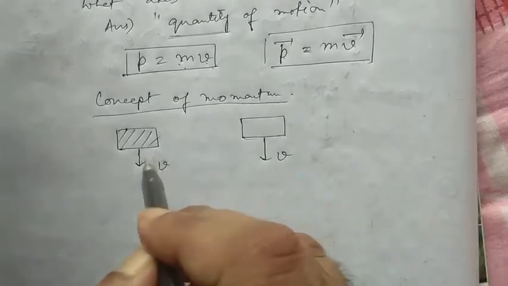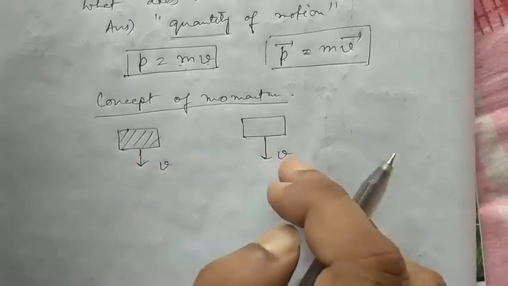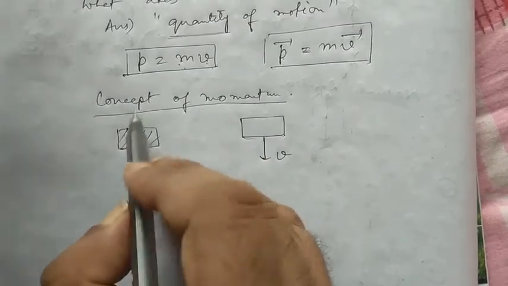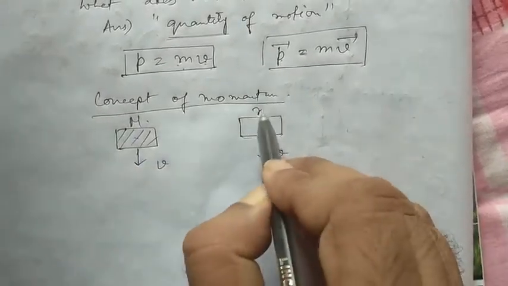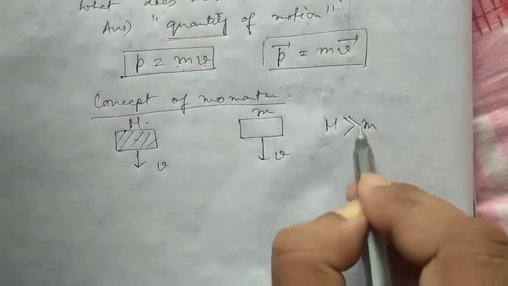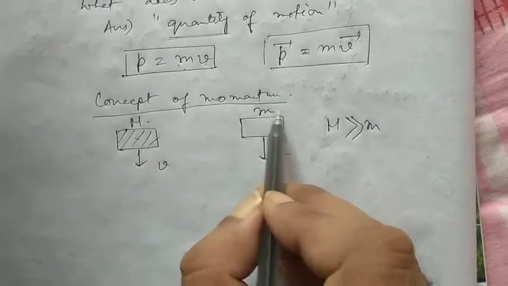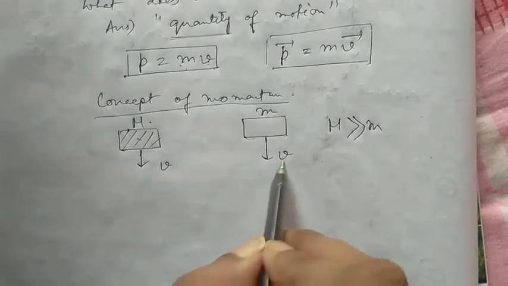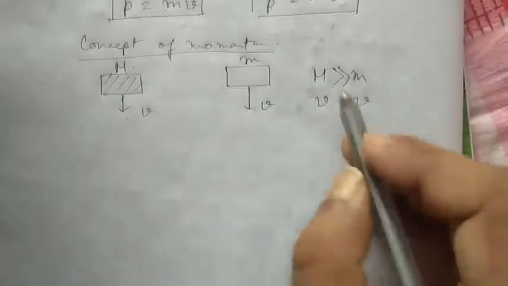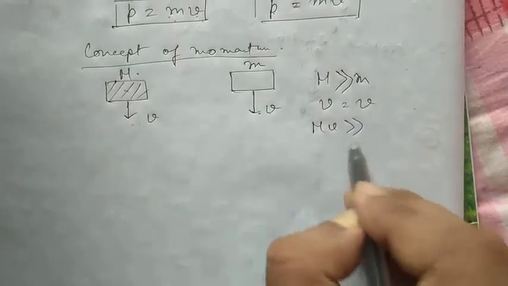In this case, the momentum of the loaded truck is greater than that of the other, because the mass of this truck is M, and we all know that M is much greater than m, because this truck is loaded and this is empty, and the velocity is the same. So the momentum Mv is much greater than mv.